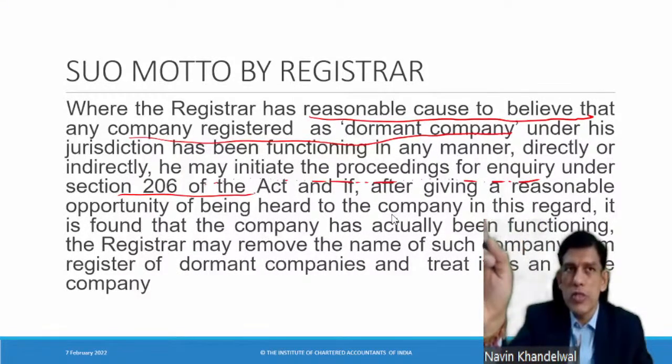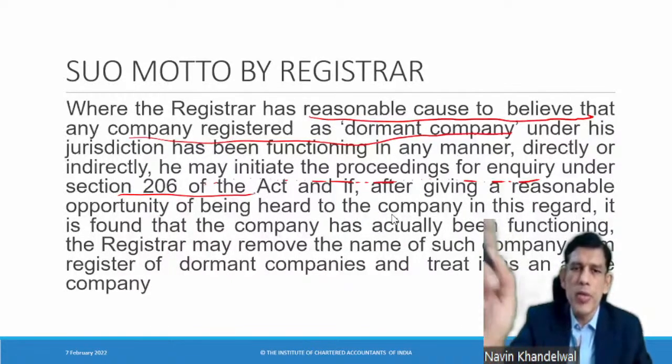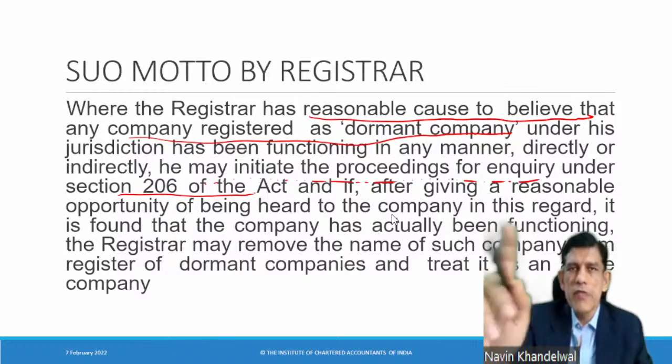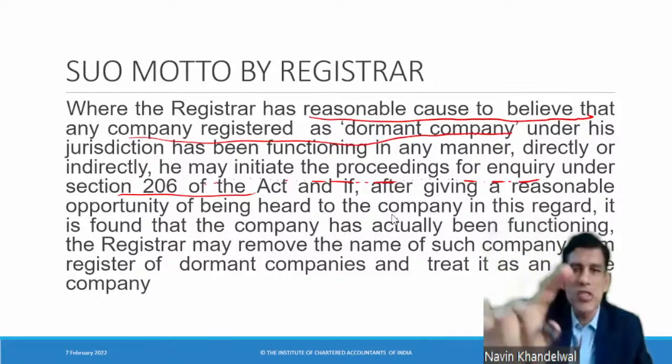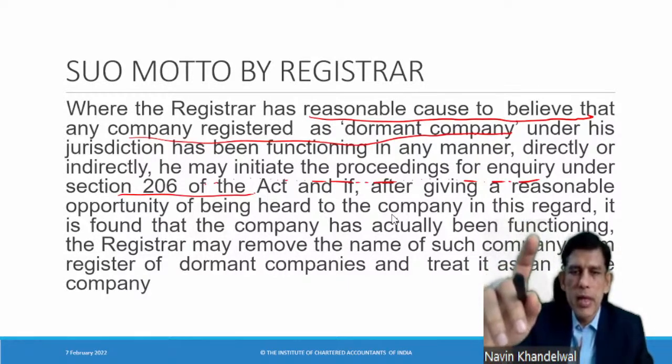So within the powers of 206, he may initiate the inquiry to find out whether that dormant company is doing any transactions. And after giving a reasonable opportunity to be heard, if it is found that the company is actually functioning, doing operations, but the same is not being reported to the registrar, then it may treat that company as an active company.